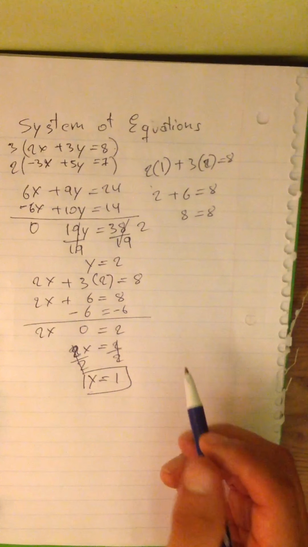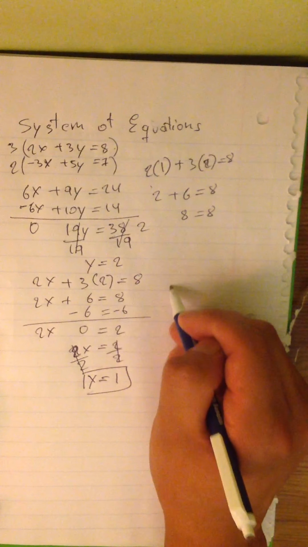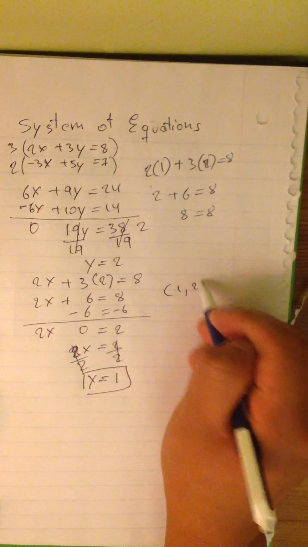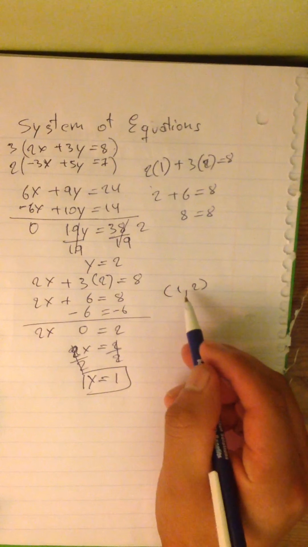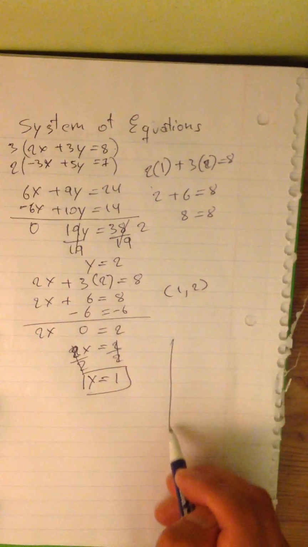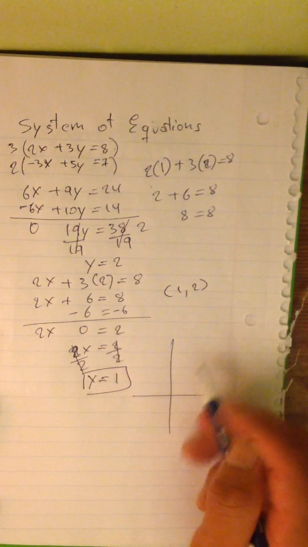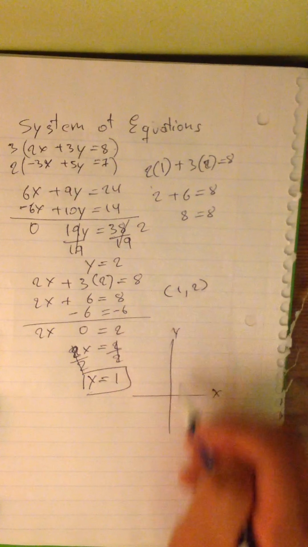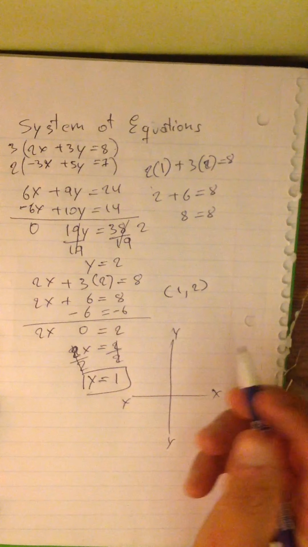Now, to get an idea of what we just found, this is the coordinates where these two equations cross each other, for example, in the xy plane. Let's just do a little drawing.